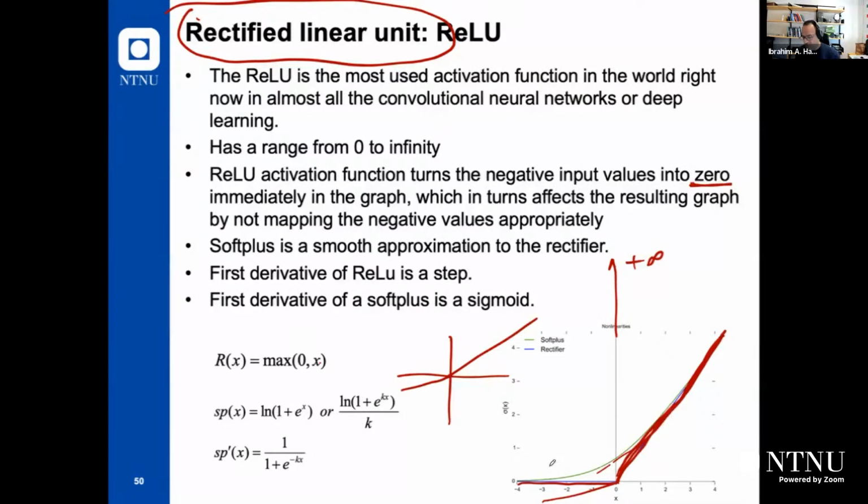The first derivative of the ReLU is a step function. The first derivative of this function is a step function.